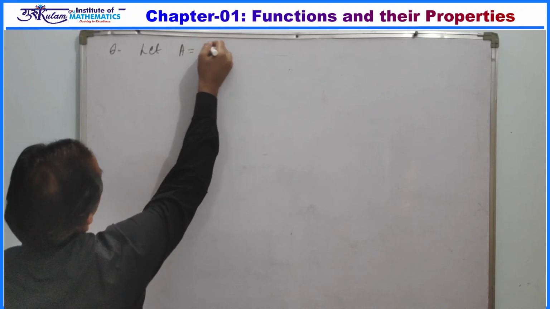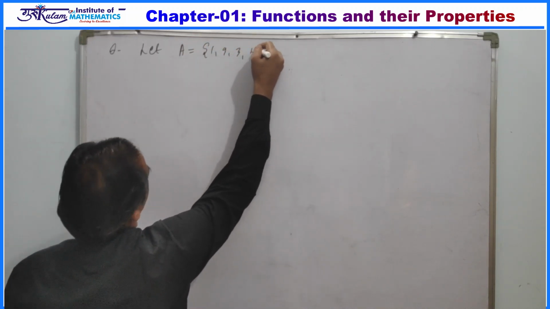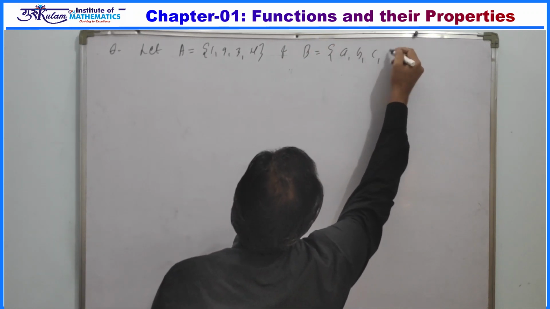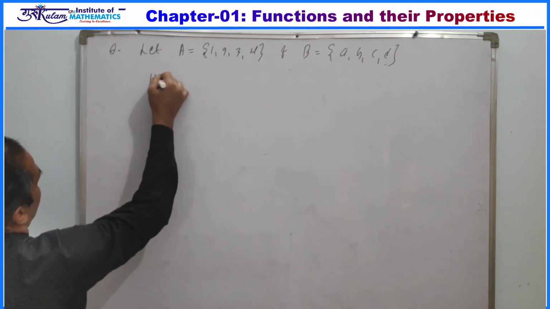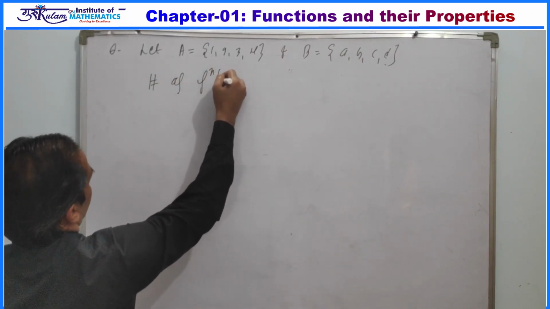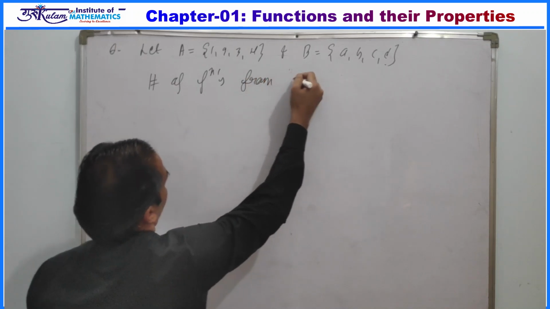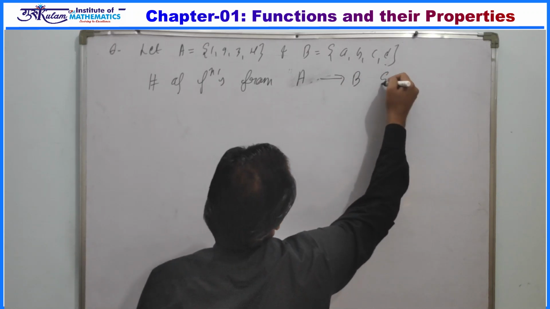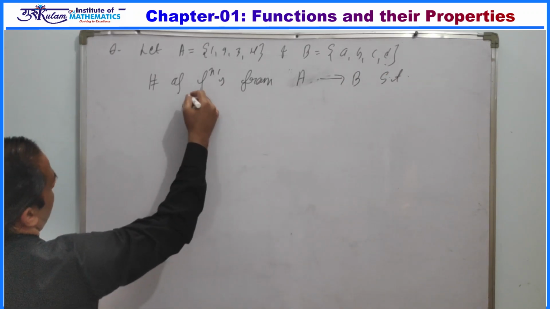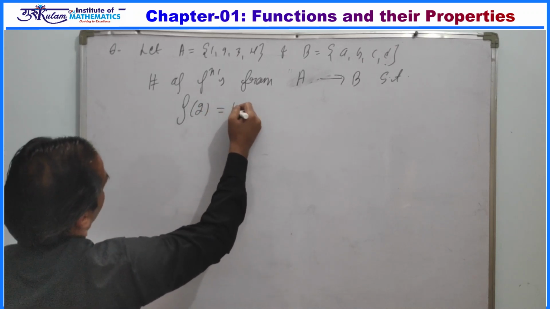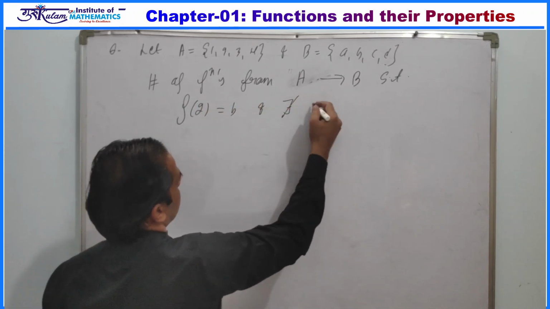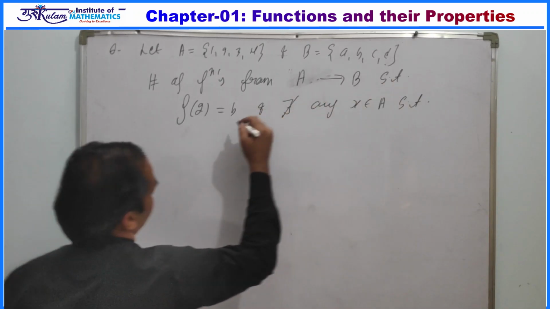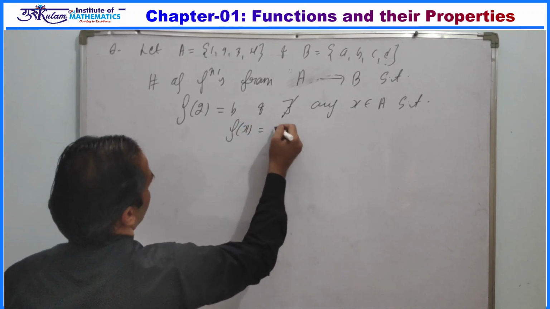Let A be equal to {1, 2, 3, 4} and B be equal to {a, b, c, d}. Then the number of functions from A to B such that f(2) is equal to b and there does not exist any x belonging to A such that f(x) is equal to c.